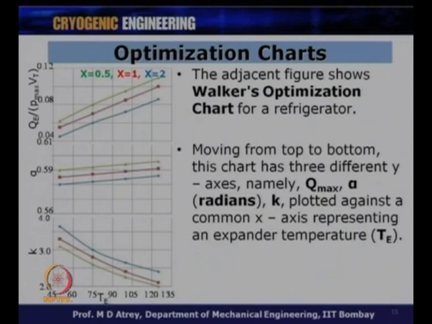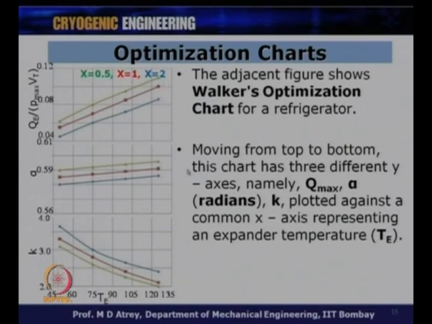So, if I know that I have to design a cryocooler at a particular temperature, let us say nitrogen temperature, which is T equal to 77 Kelvin, or oxygen temperature, which is 90 Kelvin, or whatever temperature you have in mind, I should find that TE over here, and if I draw a vertical from here, I can get variations of Q max, alpha and K for different X parameters, that is, dead volume ratio.